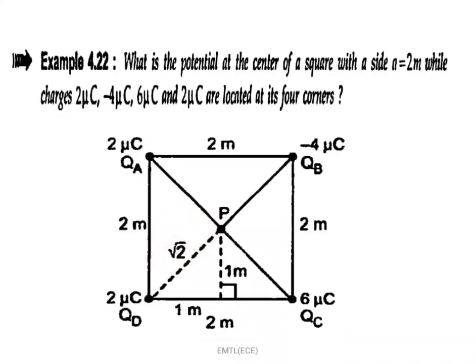So now we have to find the potential at point P due to all these charges. So we have to find the potential due to charges QA, QB, QC, and QD.